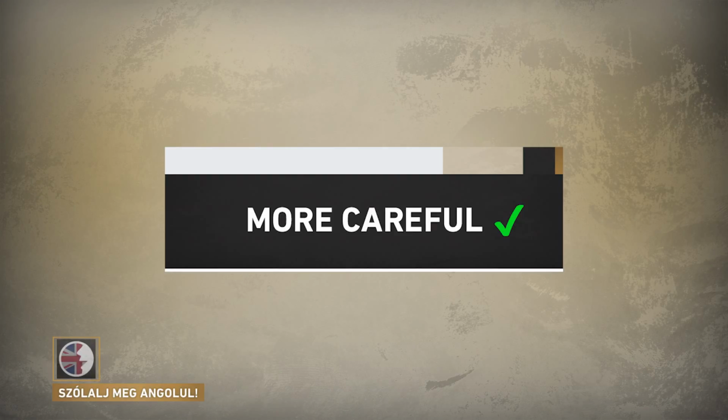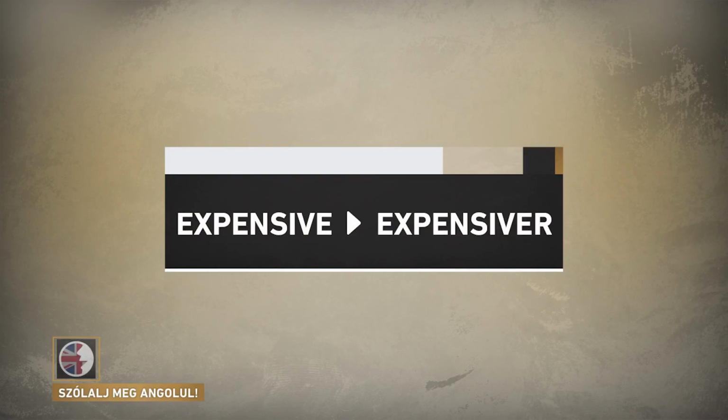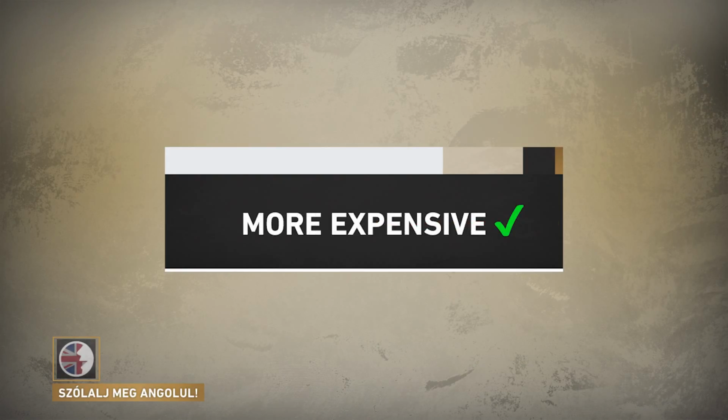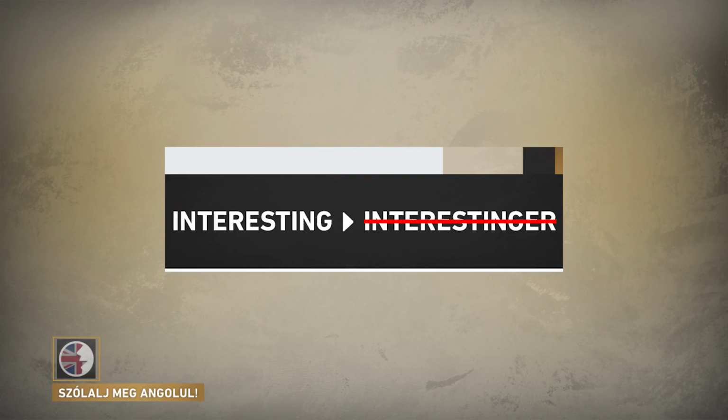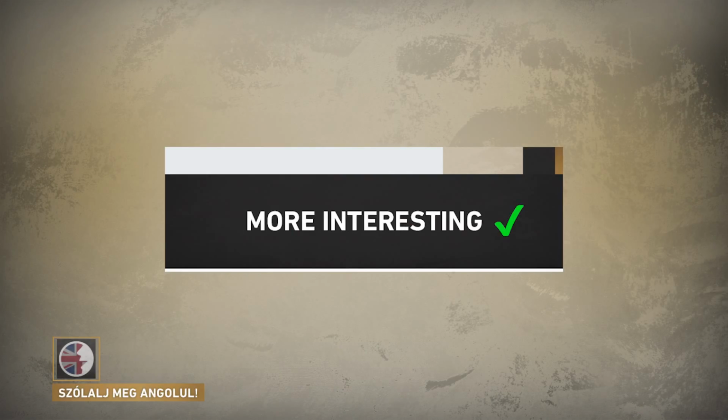If we look at the adjective expensive, the comparative form is not expensiver, but more expensive. If we look at the adjective interesting, then the comparative form is not interestinger, but more interesting.